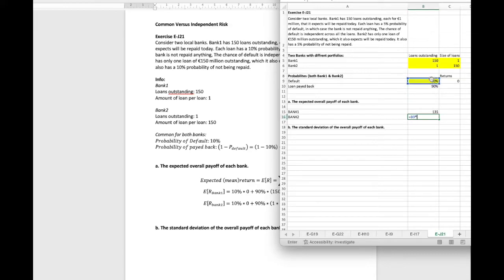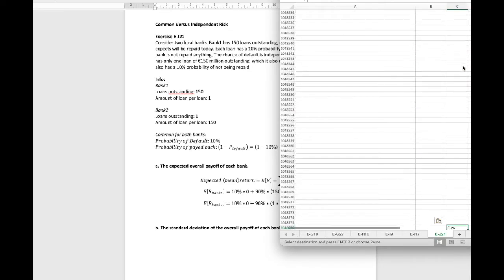We have a 10% probability of default times the 0 return, plus the 90% for being paid back times the one loan outstanding times the size of that loan, which is the same.